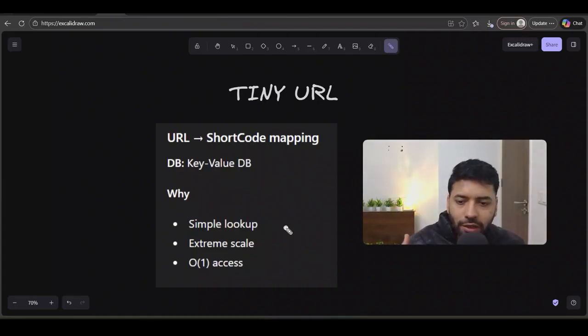And why do you use that? It is very fast, so it can handle extreme scale and that too very quickly. There is also a simple lookup because you'll simply pass the key, which will be your short code, and you can simply redirect to the long one, correct? So for this we will simply use the key-value database. There are other features in tiny URL as well, but I think most of the things we have already covered, so that can be used in a similar way for tiny URL features.